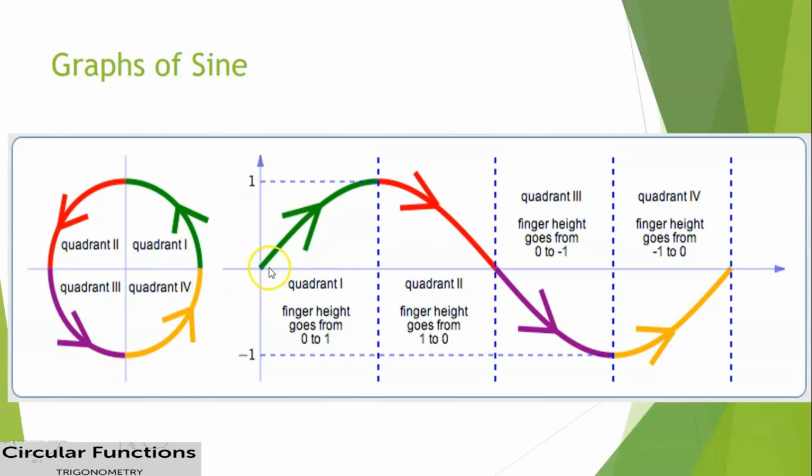For the sine curve, it goes up in the first quadrant. It goes down in the second quadrant. And in the third quadrant, it goes down further. It's negative. And it goes up in the fourth quadrant until 0. That's the movement for the sine curve.